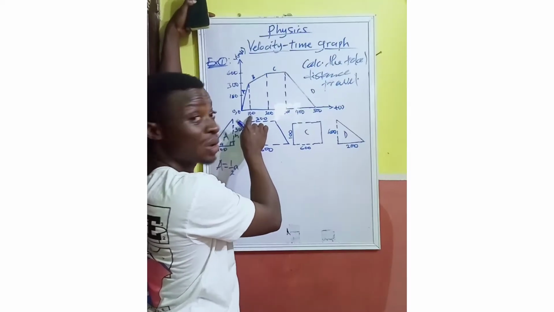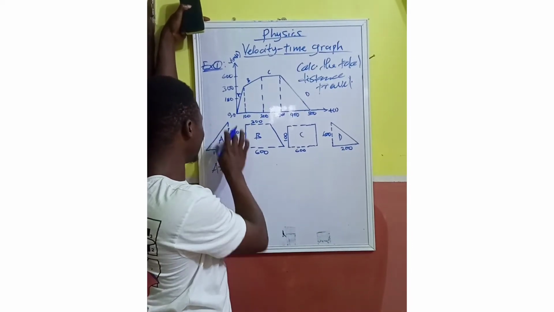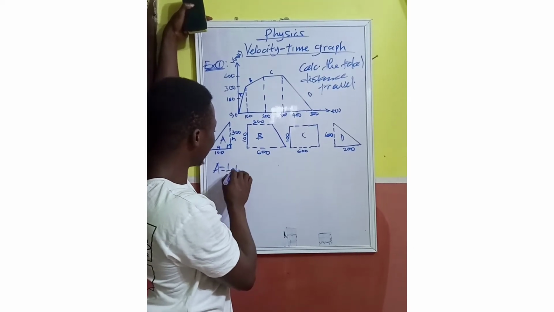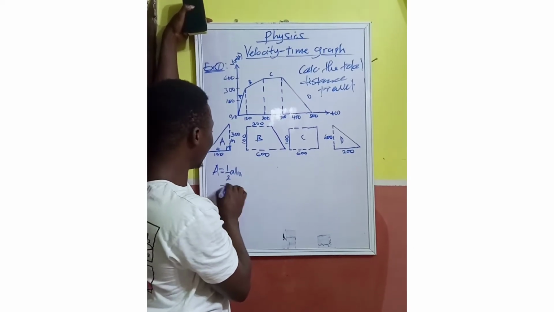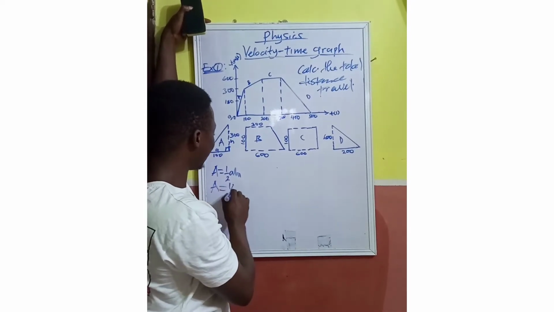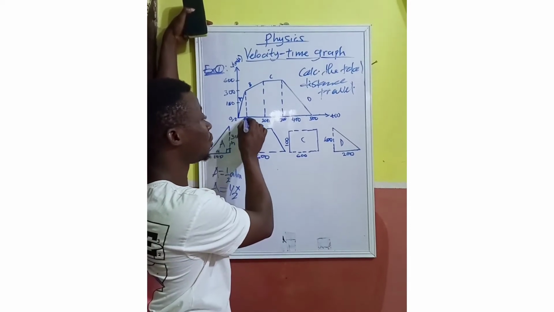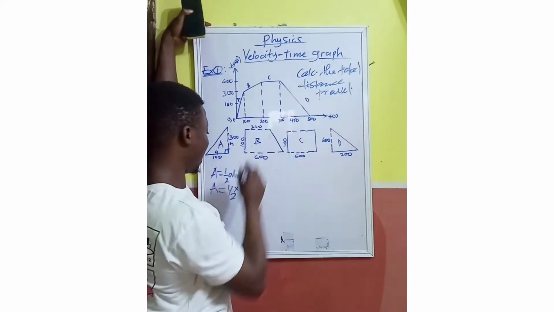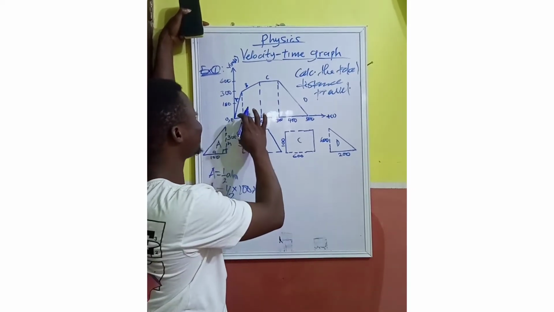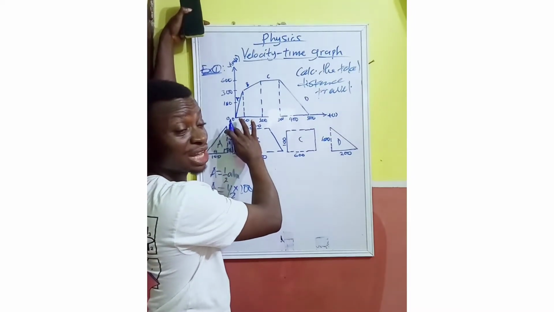The A is 100. Now, the area of this right angle triangle will be A equals half AH. Now, we can easily calculate the area of this one. We have half, times the value of A, which is 100, derived from the graph, times the height, which is 300, seen in the image extracted.